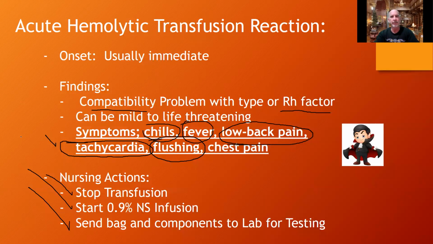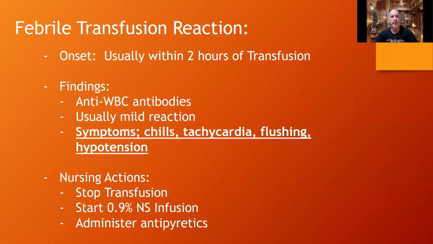Next reaction. Febrile transfusion reaction. Now, the name gives it away right there. Febrile, fever. Every time you see fever, you think immune system response. What's happening there is your body is reacting to the white blood cells.